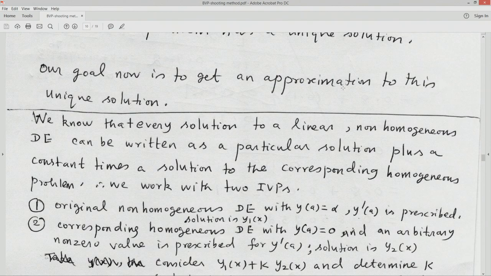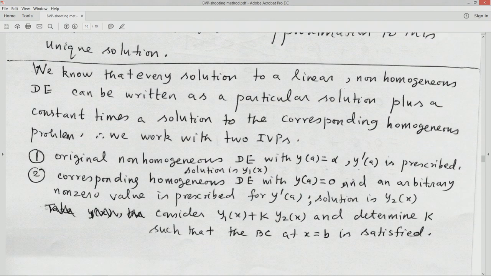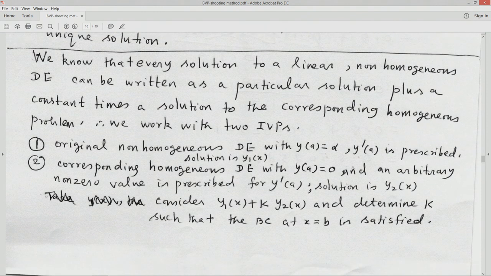Therefore, we work with 2 initial problems. What are the 2 initial problems? The first problem is governed by the differential equation, which is the same as the non-homogeneous differential equation given in the boundary value problem.